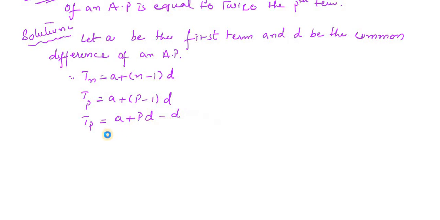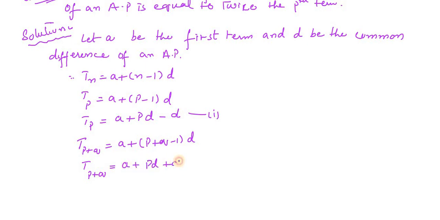And next we find the (p plus q)th term. So n is p plus q: A plus (p plus q minus 1) D. So the (p plus q)th term is A plus pD plus qD minus D. This we say equation number 2.